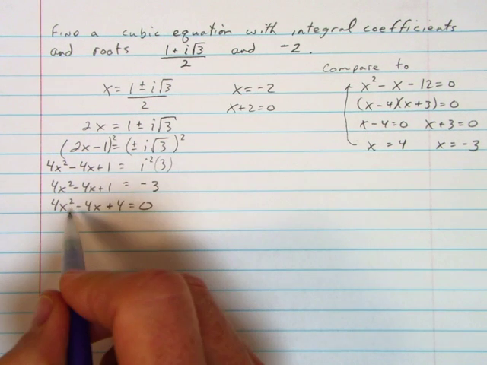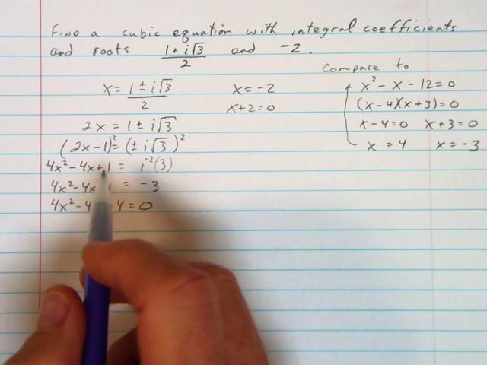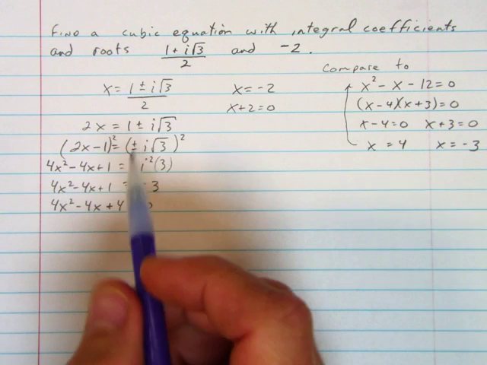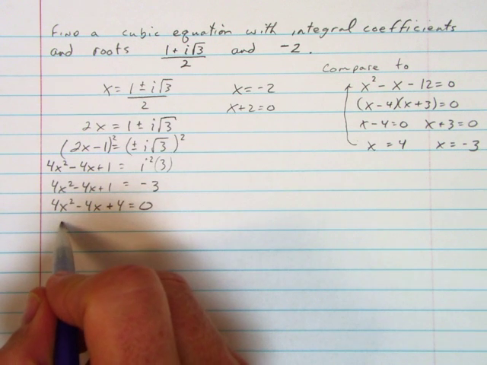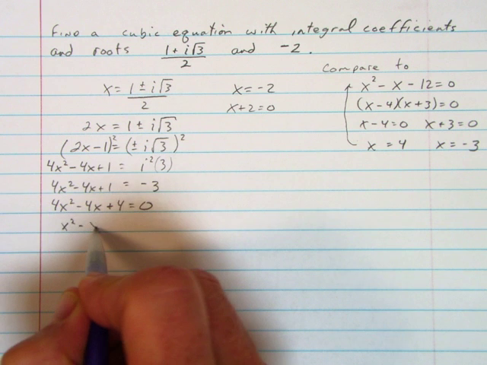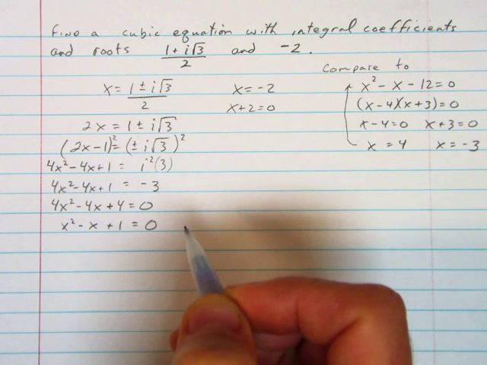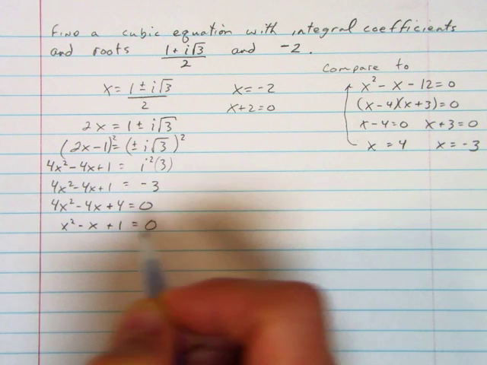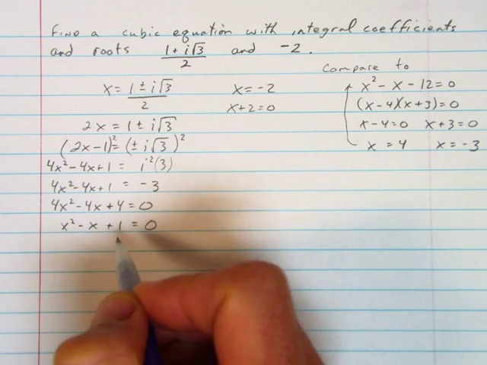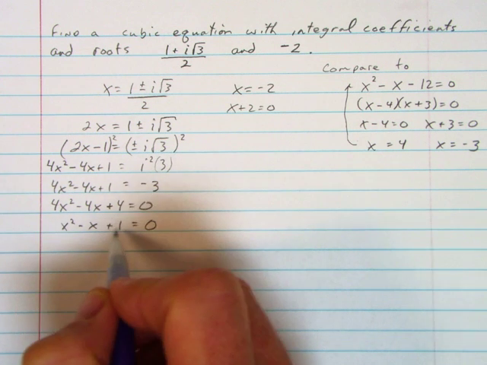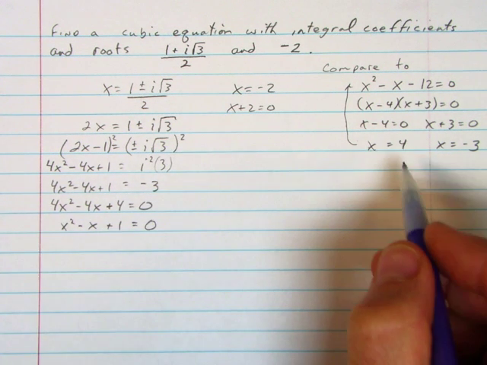Now one thing we notice is that, since the problem just says find a cubic equation, we could take this and divide it by 4, and that would be fine as well. We could use either one of those, it really doesn't matter. This will just keep our numbers a little bit smaller.